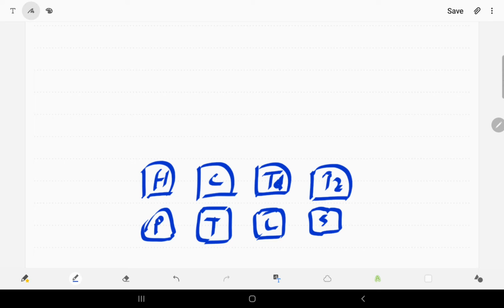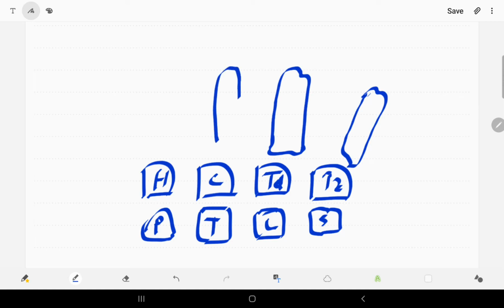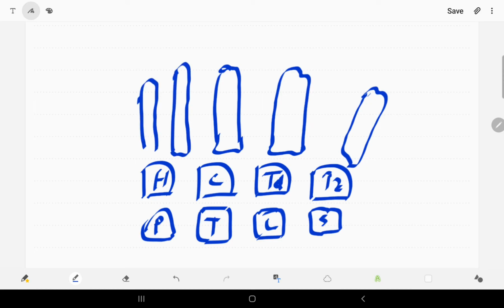And now I'm going to draw the metacarpals. This is the first metacarpal, then here is the second one, third, fourth metacarpal, and now this is the fifth metacarpal.